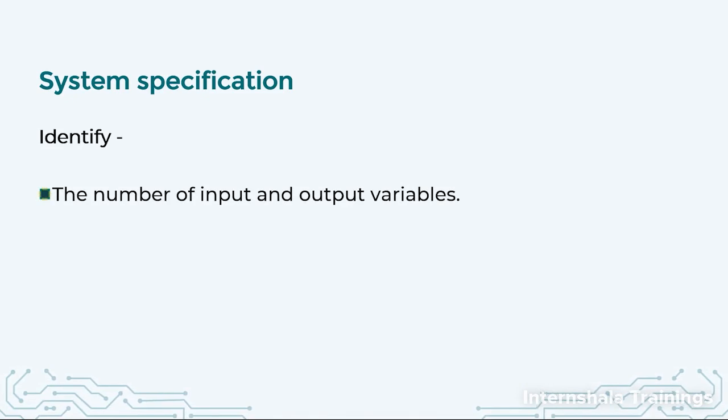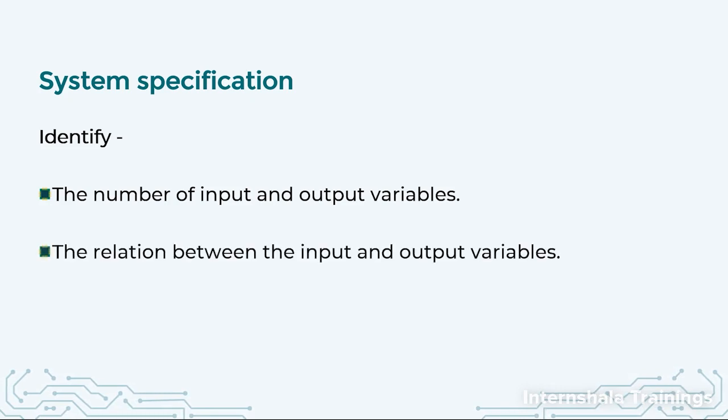So first of all, we have the system specification. Here we are going to identify the number of input and the output variables required. The user may not tell those in detail to us, but as a designer, we have to think about what will be the optimum number of inputs and output variables.